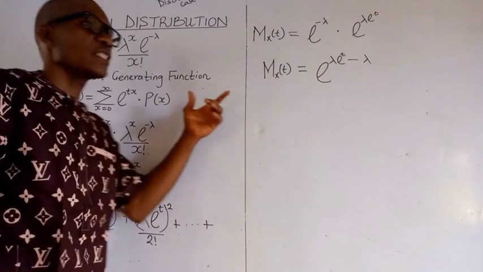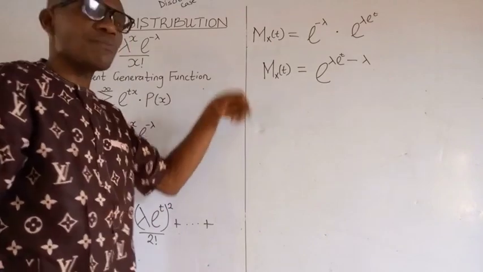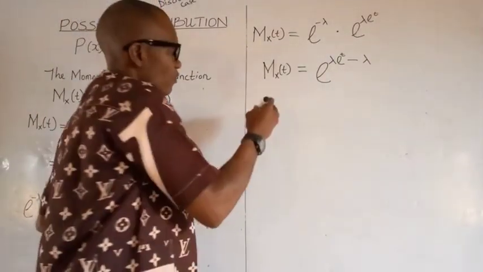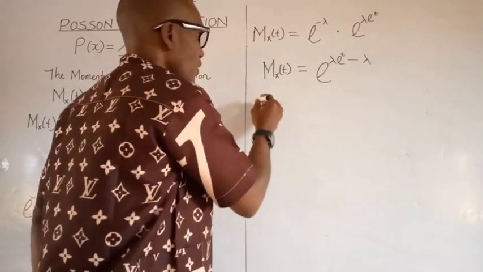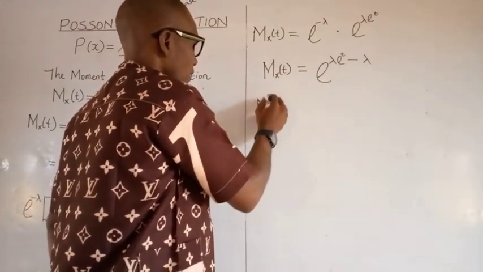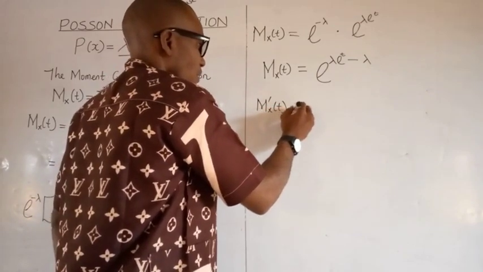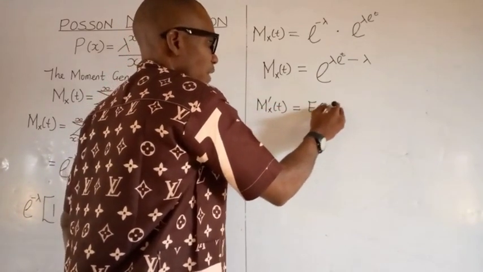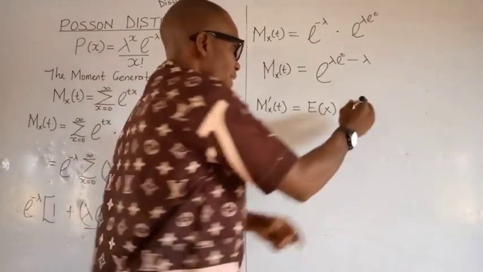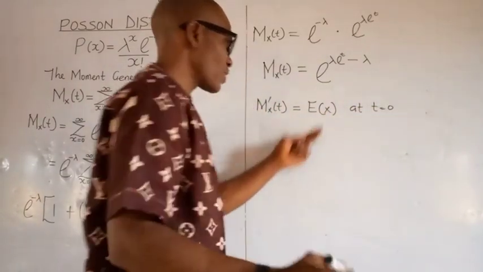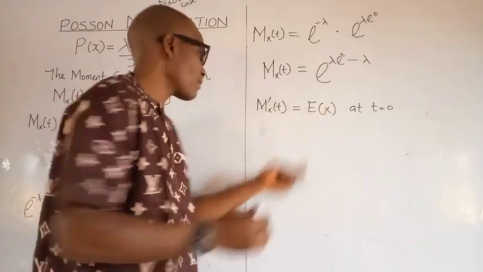Also, we can look for the expected value, which is the mean, and the variance for the Poisson distribution. For us to do that, we should note that the first moment, which is equal to the expected value of x at t equal to 0, will give us the mean, which is the expected value.